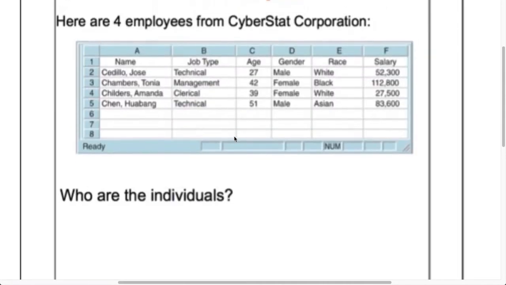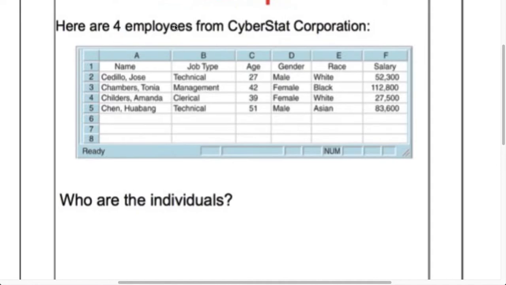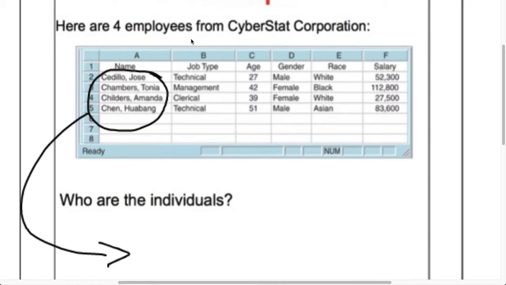If we just look at a quick example, who are the individuals, and who are the variables of this scenario? It looks like we've got four employees of Cyberstat Corporation. The actual people in this case, Cedillo, Tanya Chambers, Amanda Childers, and Huabang Chen, would be the four individuals here.